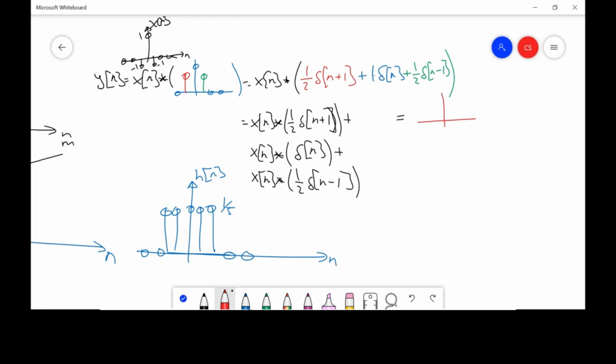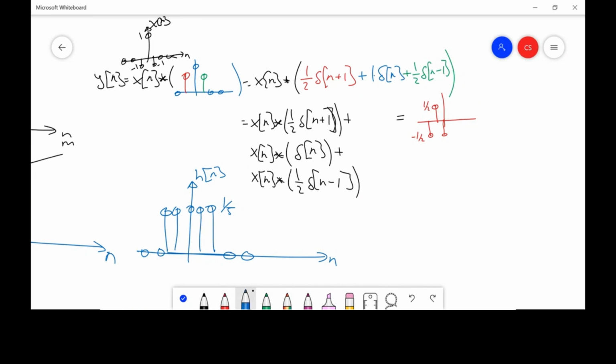So this will be like this. And then we have to put heights. But it is 1/2, so this will be 1/2.